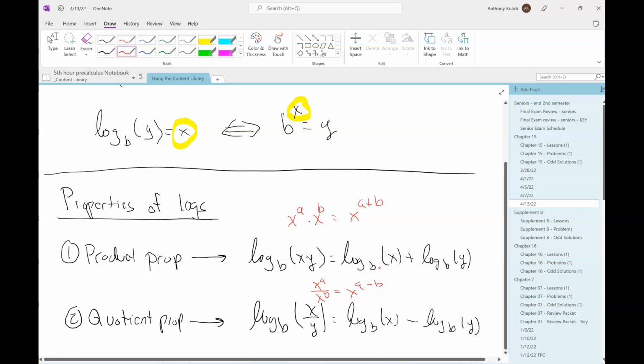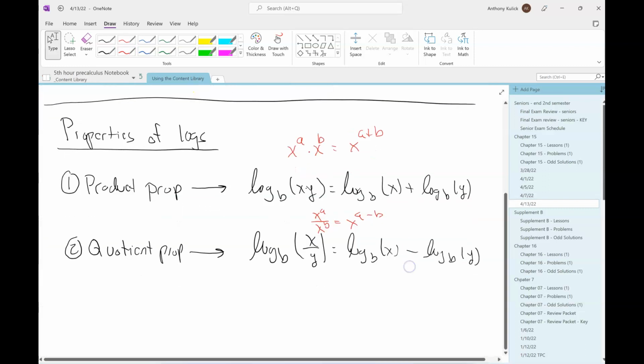Again, that's really the same thing as the division property for exponents, right? If you have x to the a divided by x to the b, that's the same thing as x to the a minus b. We subtract exponents.